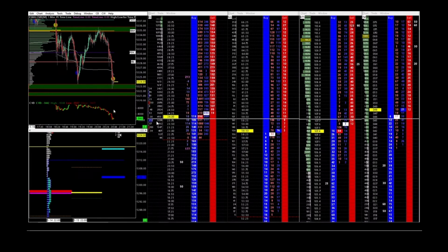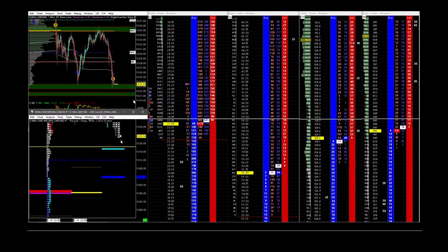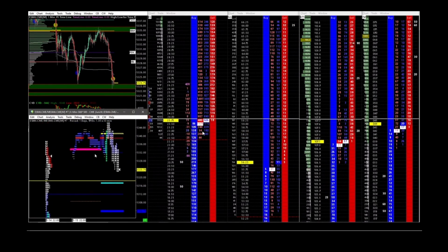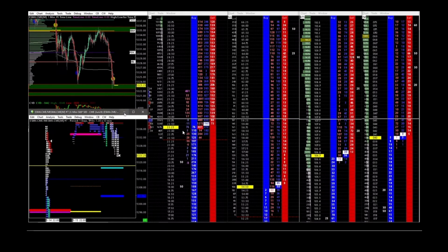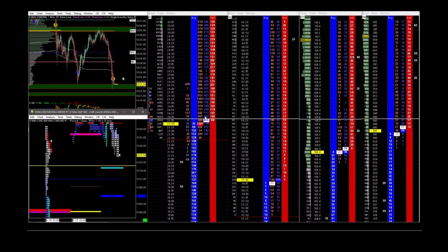But again, we've seen tons and tons of absorption. It doesn't get any more than this at these specific levels. In the last couple of minutes, we have seen 4,000 to 5,000 contracts absorbed. Essentially how this works, and what absorption truly is: you've got a door, and if you continually hit it and it's not breaking, you're eventually going to run out of steam.